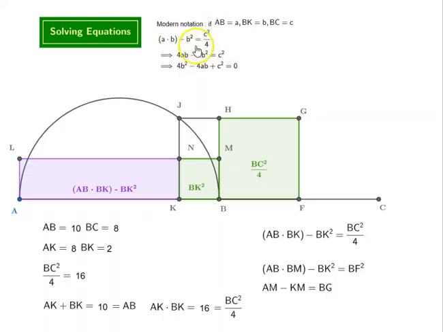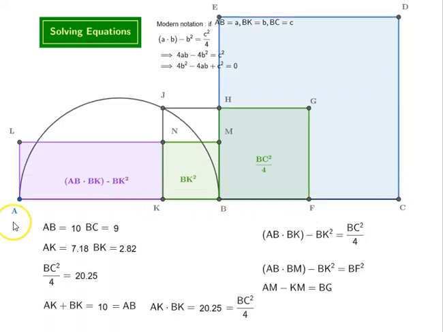And if we want to remove this 4, we multiply the entire thing by 4. So 4AB minus 4B square is equal to C square. And if we take all the terms on the same side, we get 4B square minus 4AB plus C square is equal to 0.